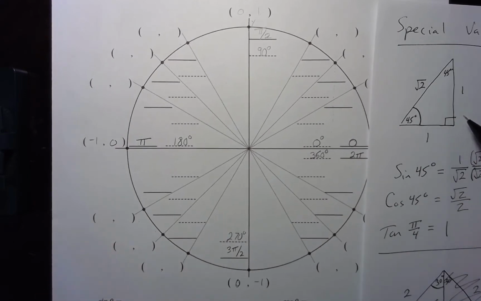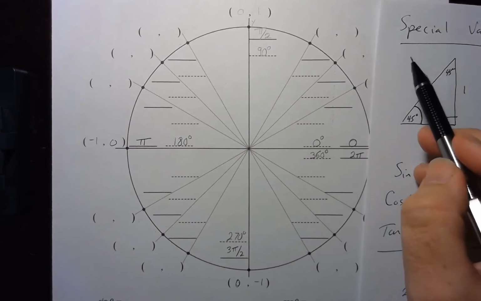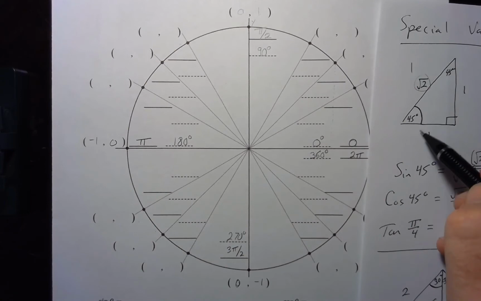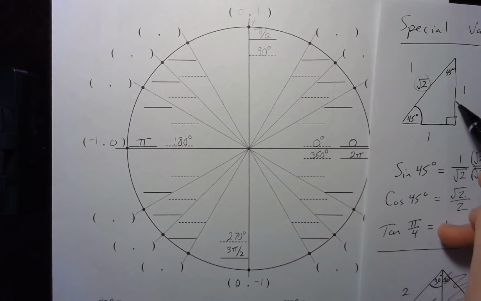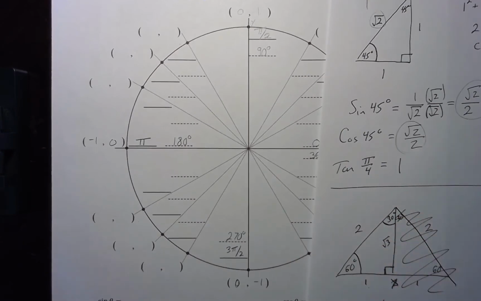The one thing that changes in the grand scheme of the problem is that this value is supposed to be a 1. Well, if this value is supposed to be a 1, then these two values get shifted appropriately to be this radical 2 over 2 value. That's the convenient way that this particular problem works.